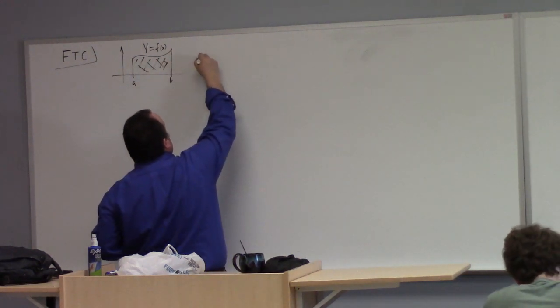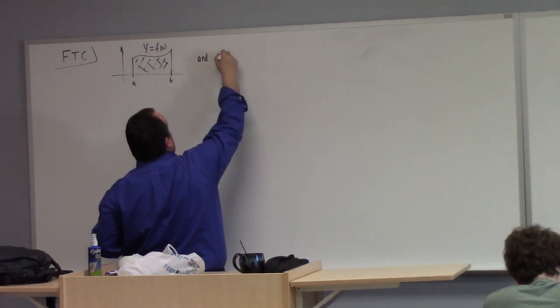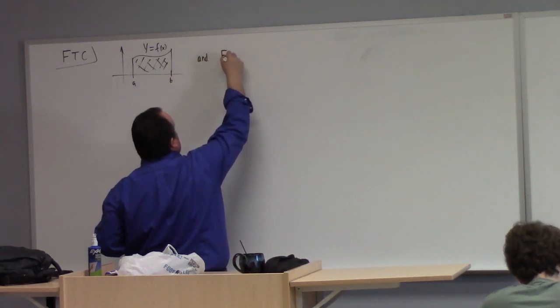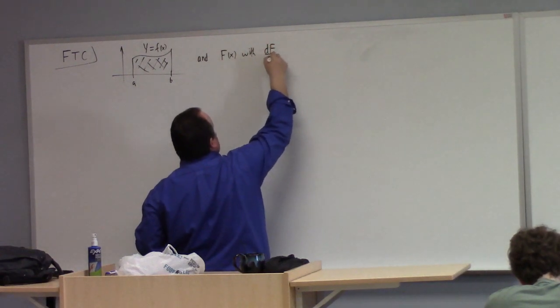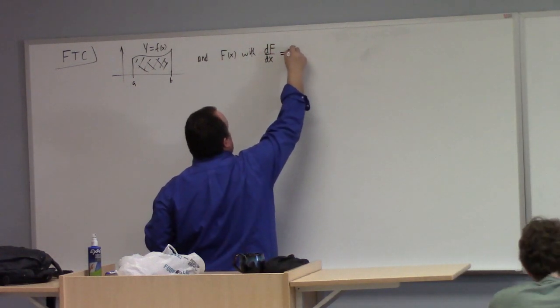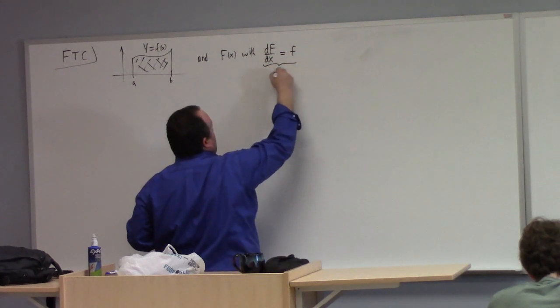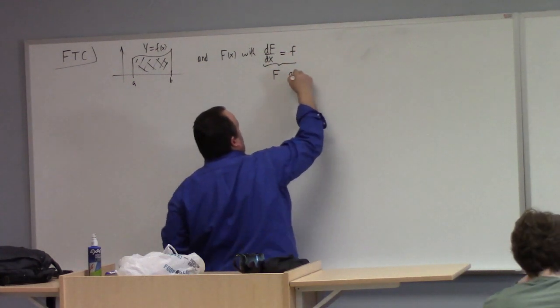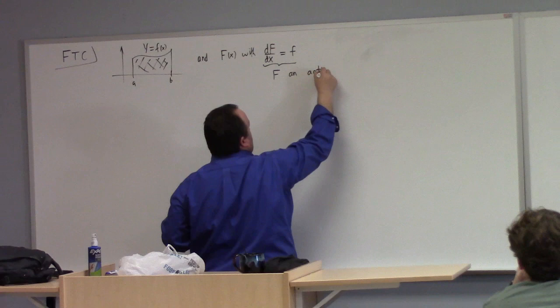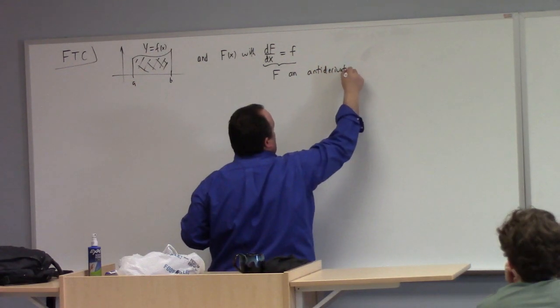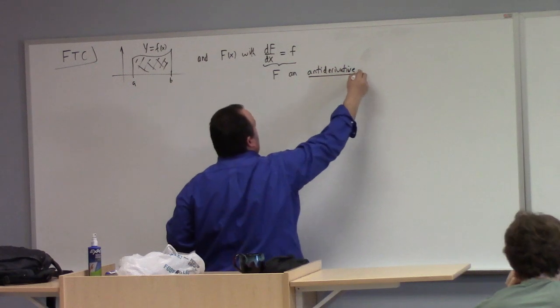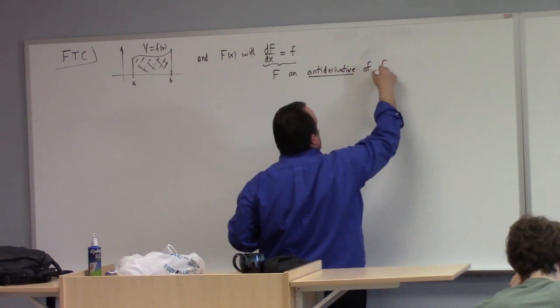And if you have big F of x with dF/dx equal to little f, so this makes F an antiderivative of little f, all right?